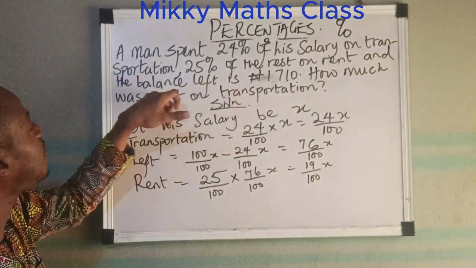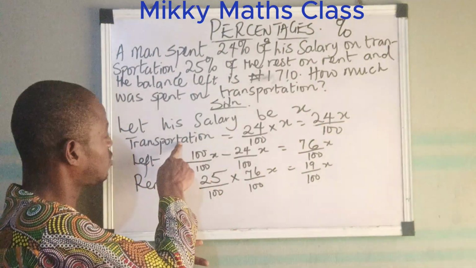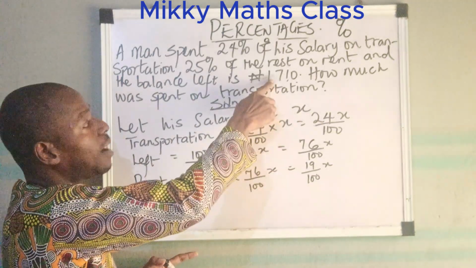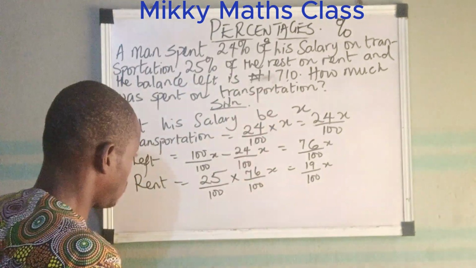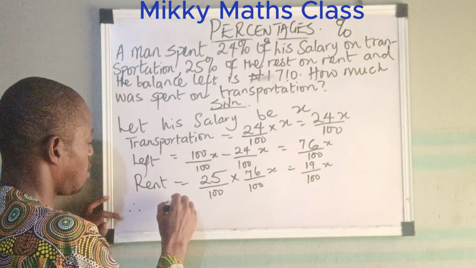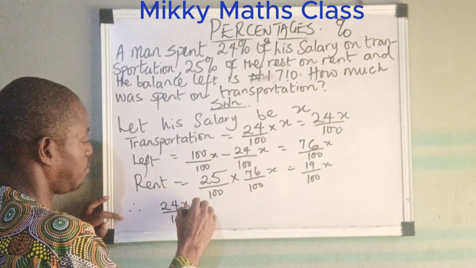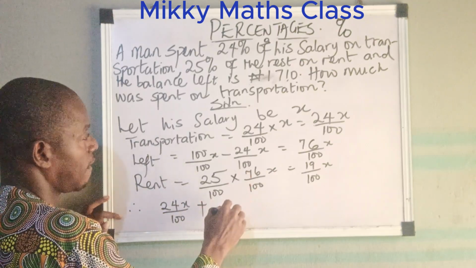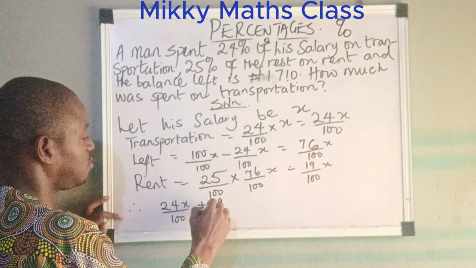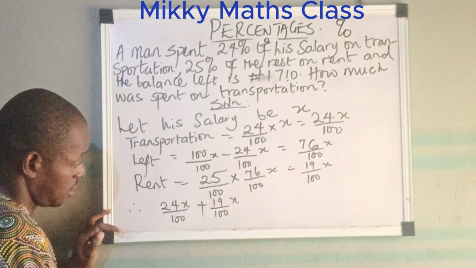Now, the balance left is this. That means after he has spent on transportation and rent, the remaining amount was this. So that is 24x over 100 plus what is spent again, 19 over 100x.